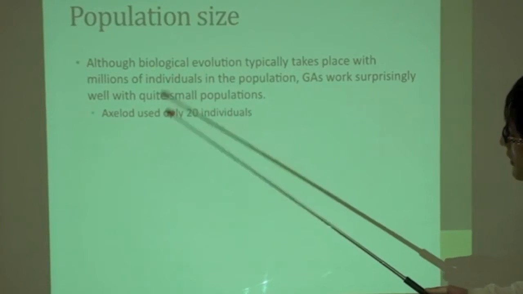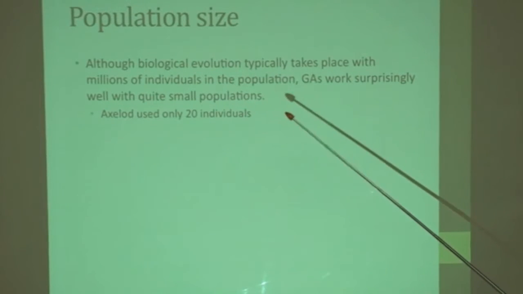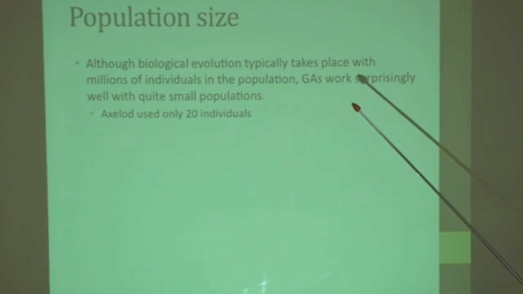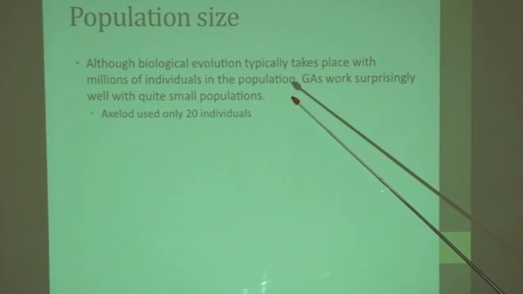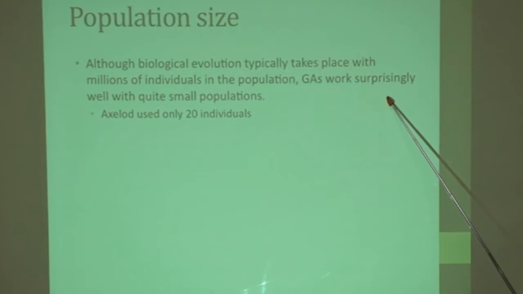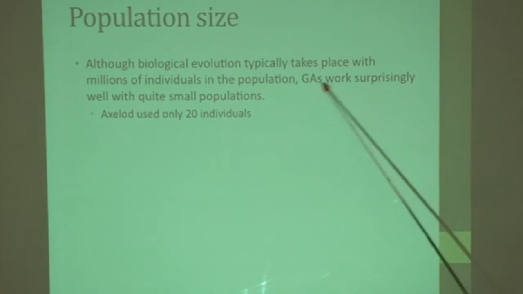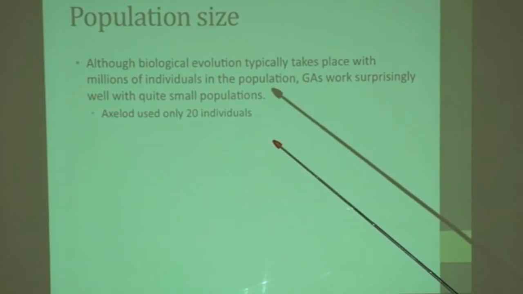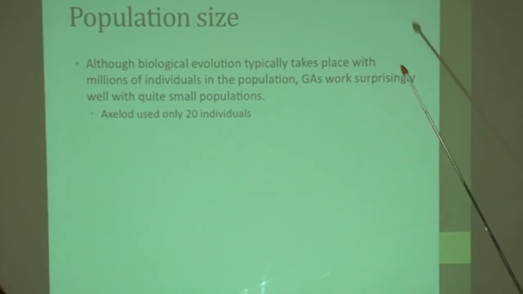Although biological evolution typically takes place with millions of individuals in the population, GAs work surprisingly well with quite small populations.